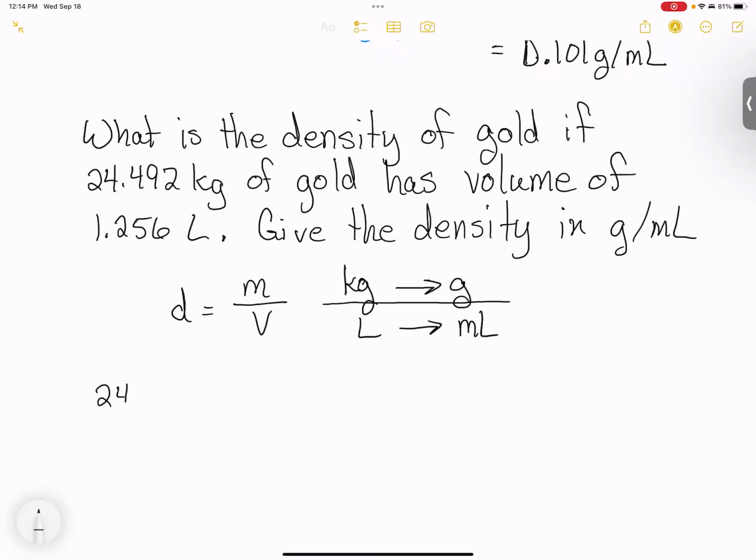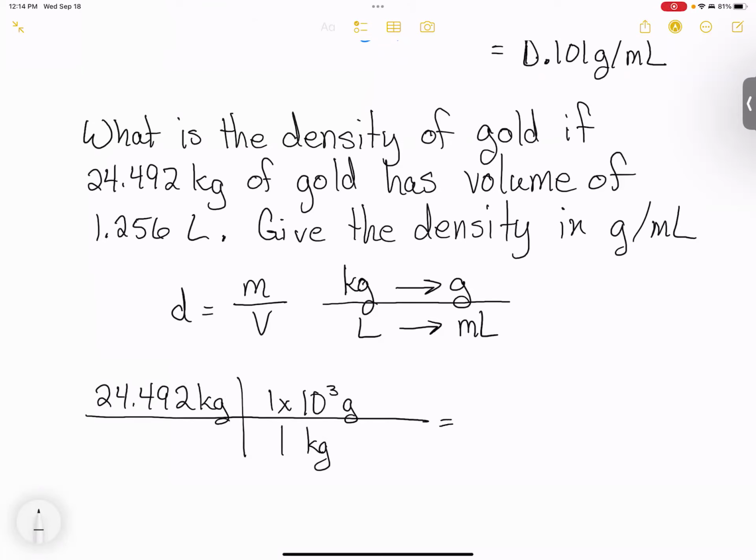So 24.492 kilograms. 1 kilogram is 1 times 10 to the 3rd grams. Or in other words, it's 24,492 grams.